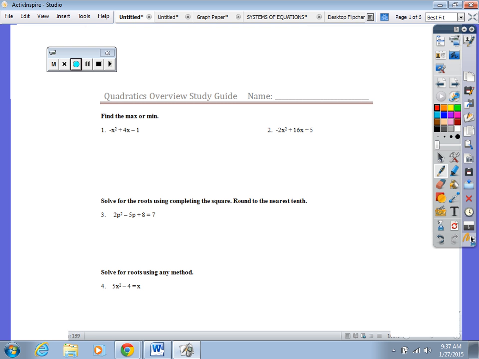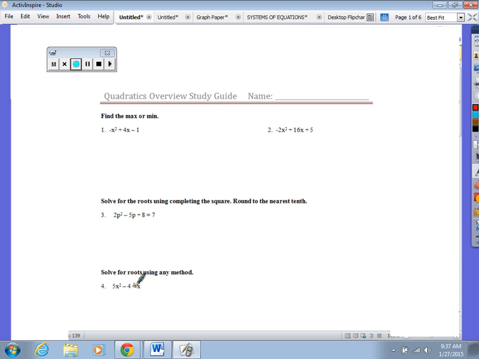No. You got to get everything on one side. So who do I need to move over? The x. So since it's a positive x, what would it be when I move it over? Negative x. Now where does that negative x need to go? Behind the 5x squared.